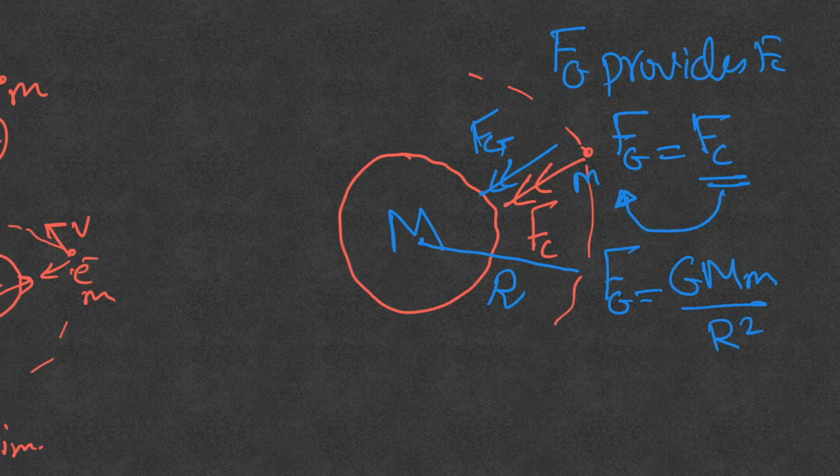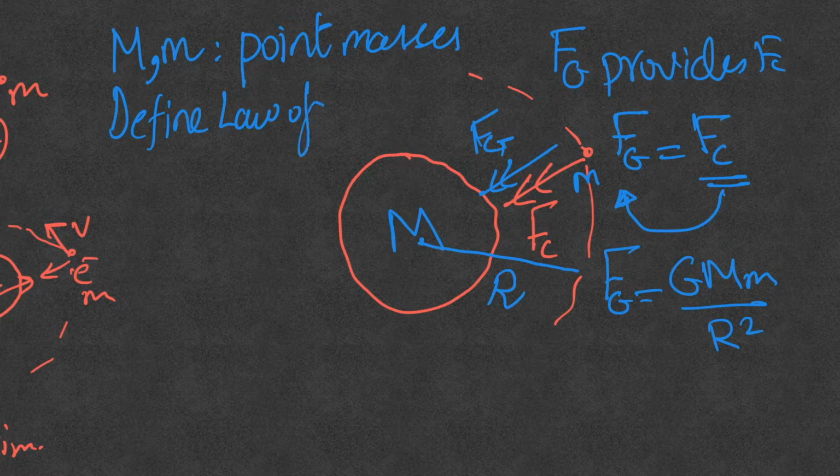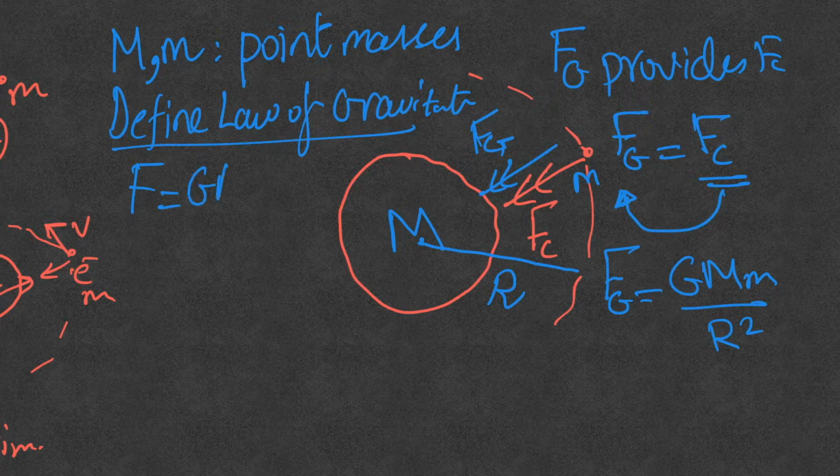Another very important point. These two masses, m and m, are referred to as point masses. Do not forget this. So if in the paper you get a question on how to define the law of gravitation, you will end up writing this particular formula, which is F is equals to GMm over r square.